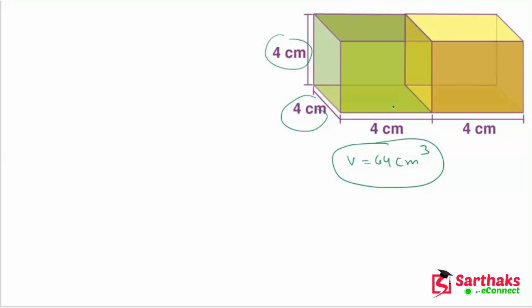We know the volume is 64 and the formula is side cubed. So L equals 64 raised to the power 1/3, which gives 4 centimeters. This is the side of one cube.